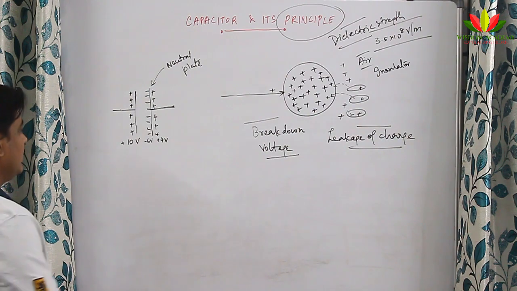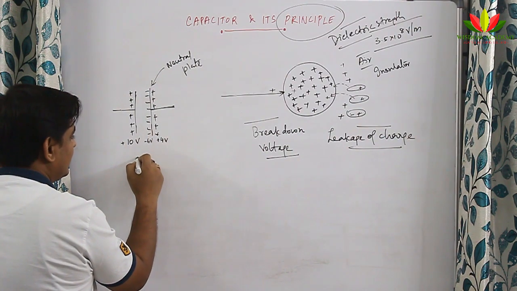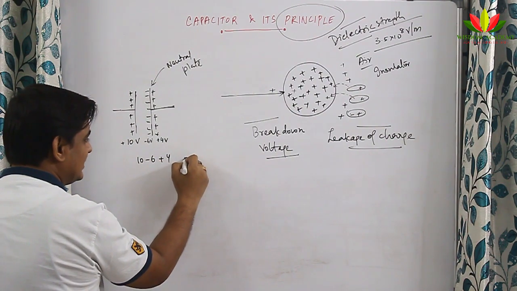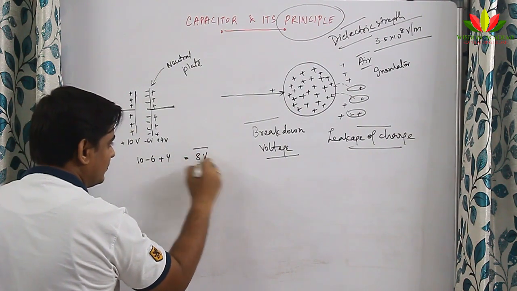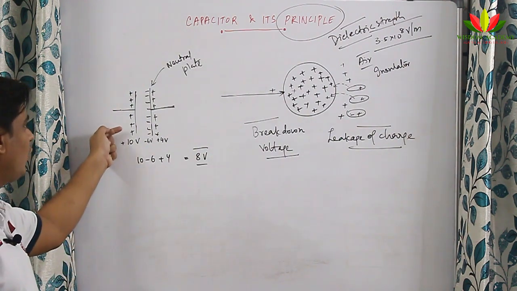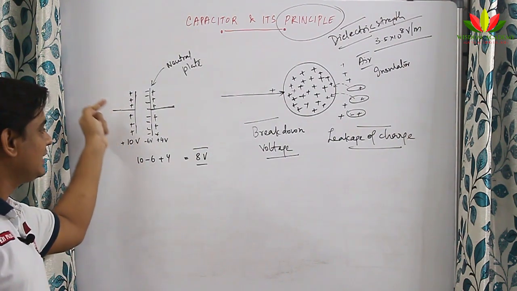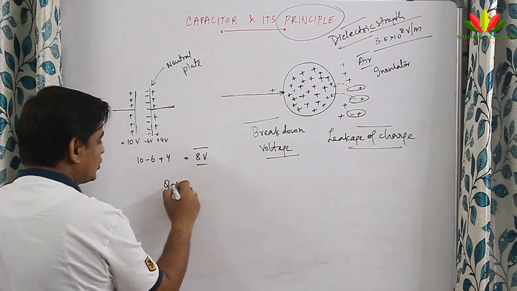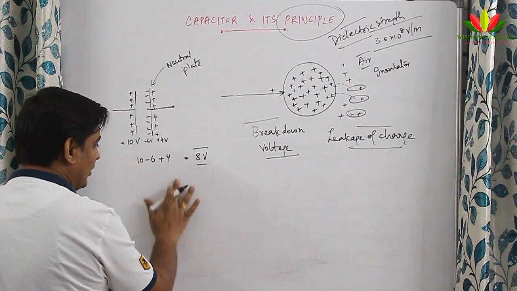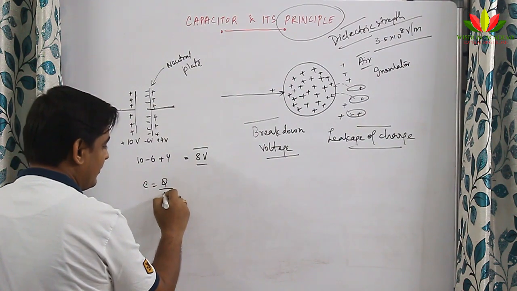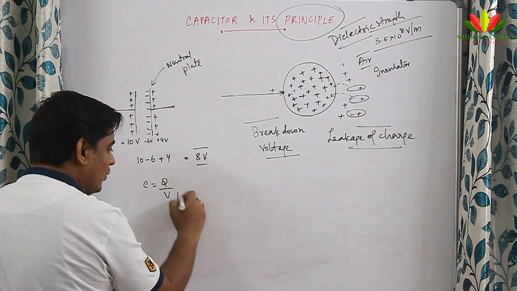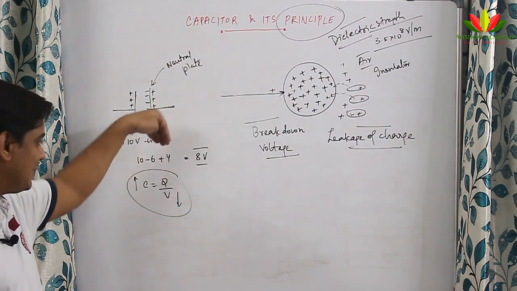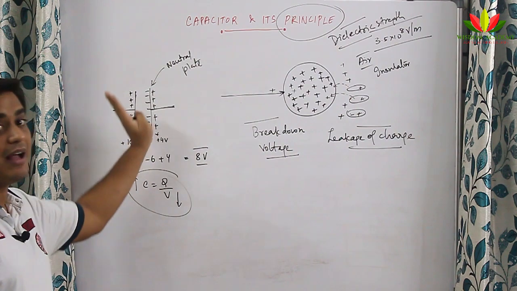Now it became 10 minus 6 plus 4, that is equal to 8 volt. So this 10 volt of the charged plate turned to be 8 volt. We know C is equal to Q by V. So as V goes down, capacitance will go up. As the voltage becomes less, the capacitance becomes high.